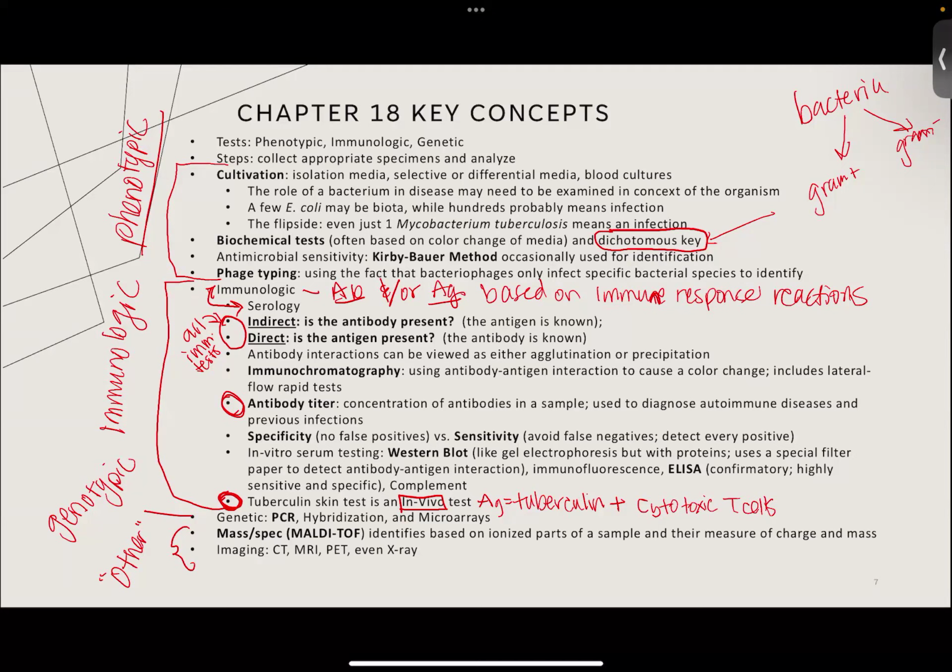So if I ask a question on the exam in regards to the immunologic assay that we use based on complement, I will just ask, is there a test that relies on complement for immunologic testing? It'll be that basic of knowledge, because that's all we're going to talk about. Okay. And we already talked about the tuberculin skin test.